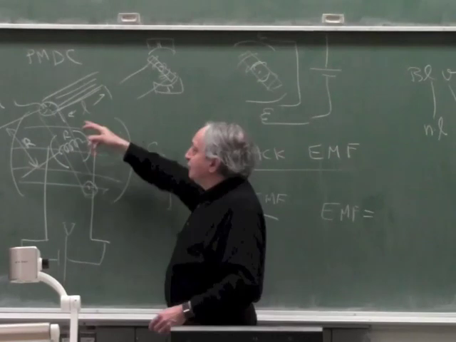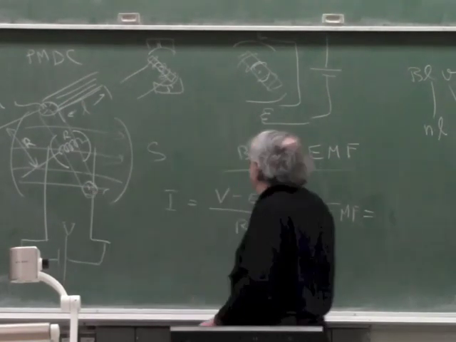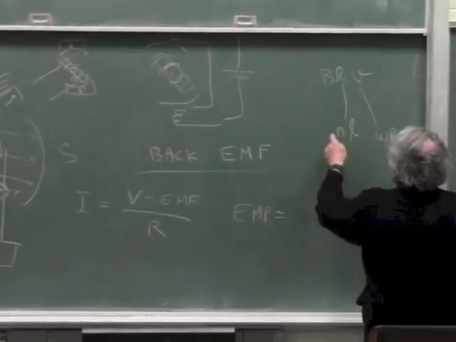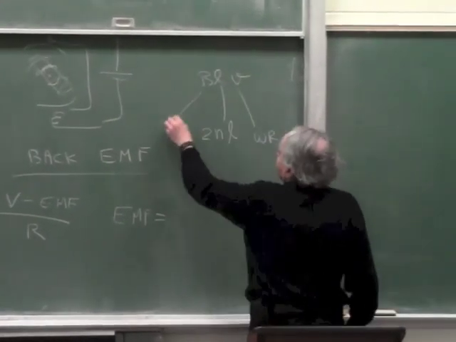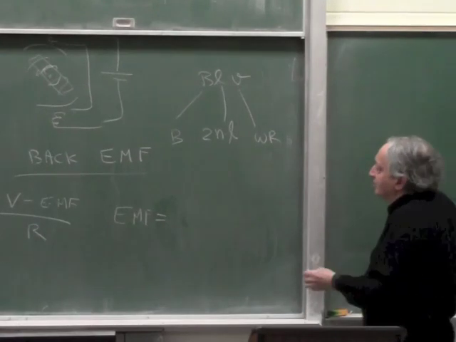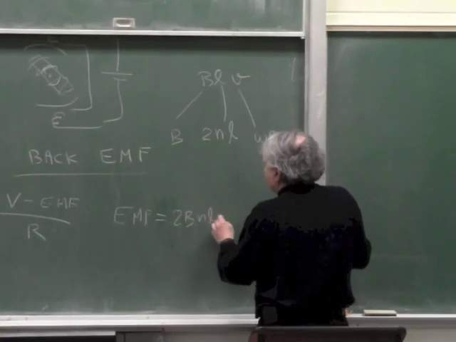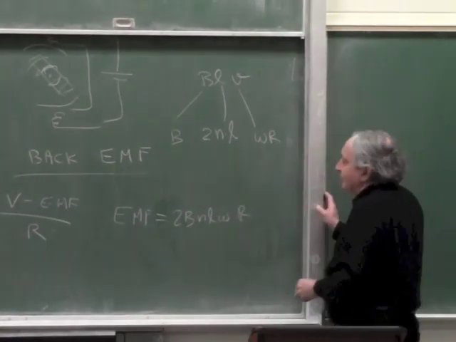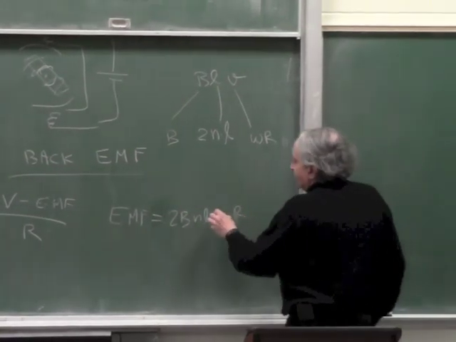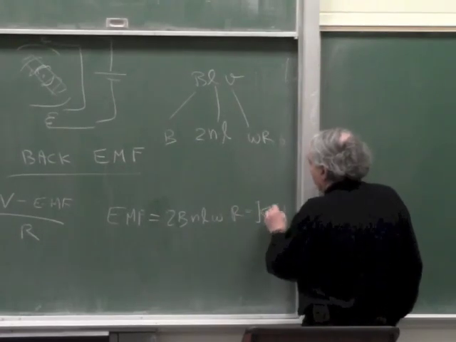And we actually have two of them, because this generates a voltage and this generates a voltage. So it's 2NL, and B stays B. So if we want to work it out exactly, it is 2BNL omega R, but we really don't care because we just call it capital K times omega.